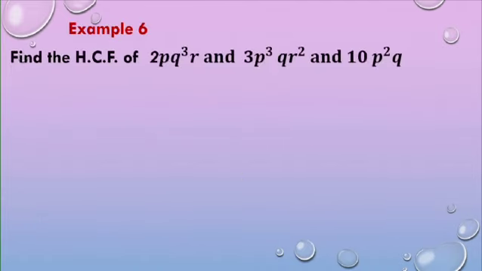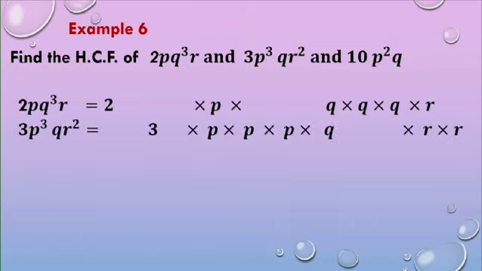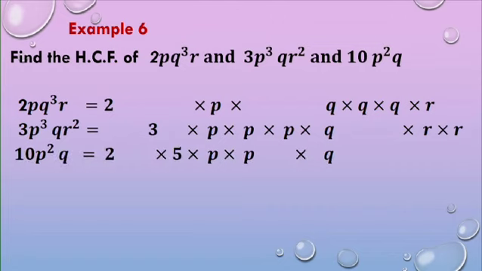Another example. Here we are having three algebraic terms, and in the three algebraic terms we do have an integer value and then the algebraic terms. So we write it in expanded form. This method, remember, is called finding HCF using the expanded form, and the HCF is taking the common factors.